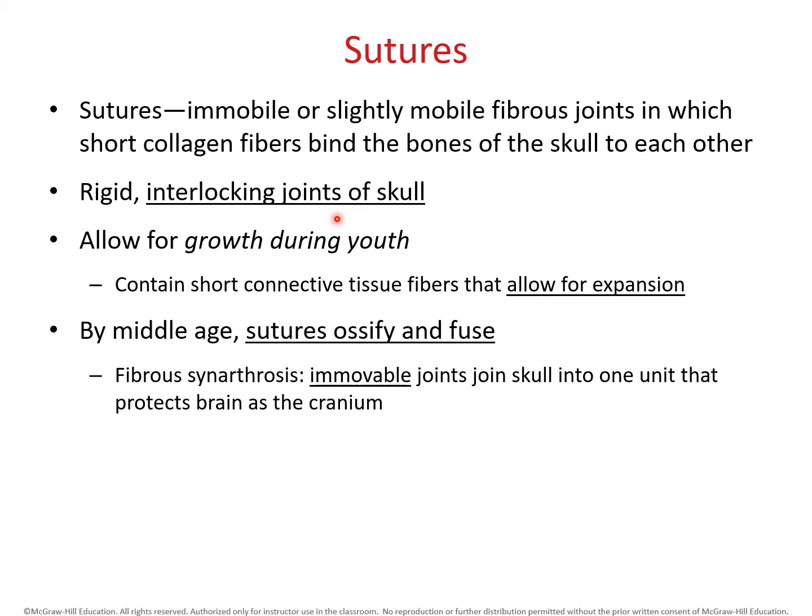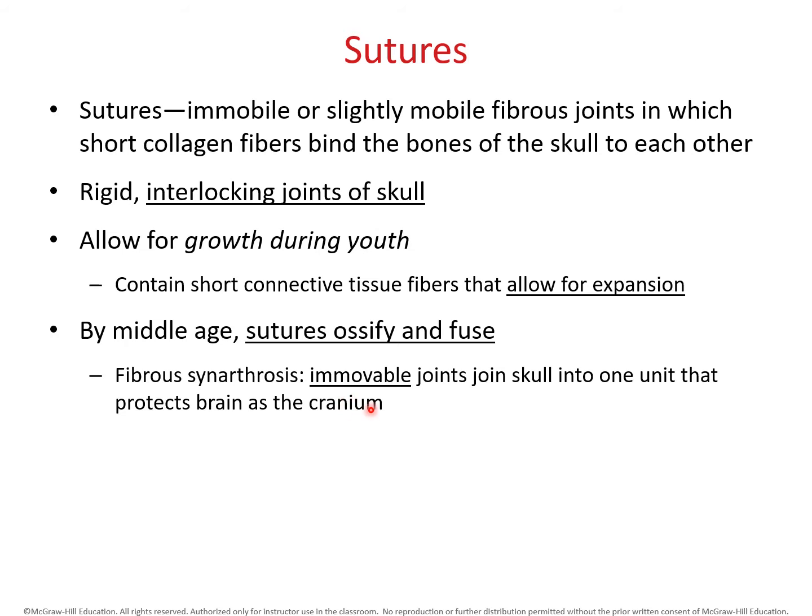And over time, those bones will start to ossify. And you should recognize that term. In Chapter 7, we talked about bone development and how bones start out as cartilage and then they will mature and ossify, or harden. And that's what we're going to see happen with these skull bones.